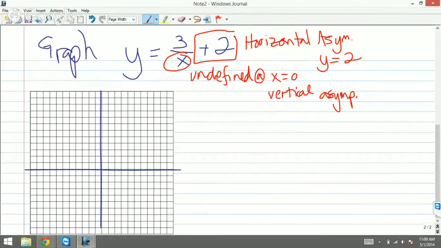There you go. If x is 0, that's undefined. So we have a vertical line at x equals 0. And we have a horizontal line at y equals 2. We've just created our brackets for this function, for the graph.